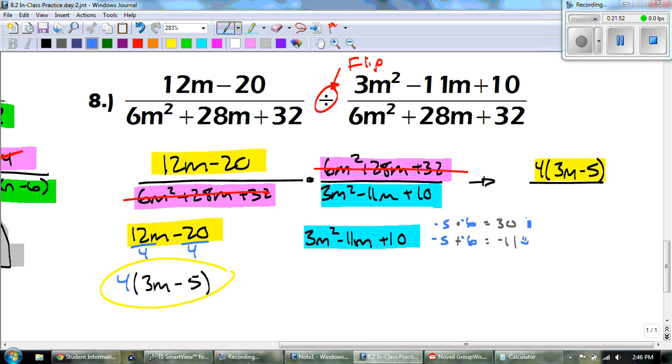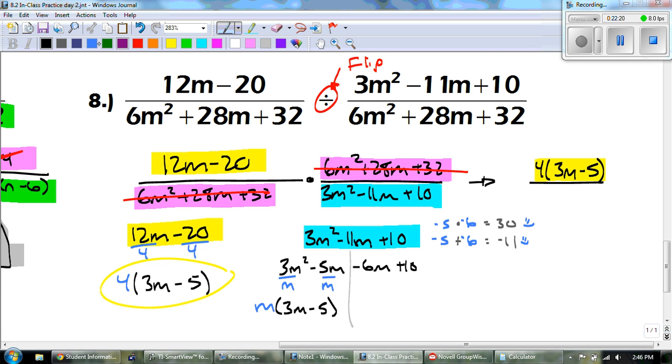So we have to split the middle term. Yes, I'm sorry, our leading coefficient is not 1. Ms. Carranza and I told you guys that factoring does not go away. I can factor an m out of the first group, and we get 3m minus 5.